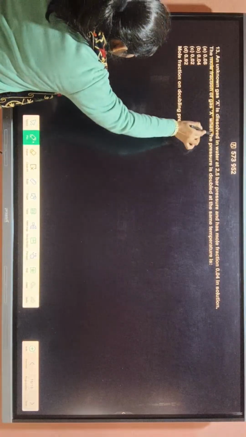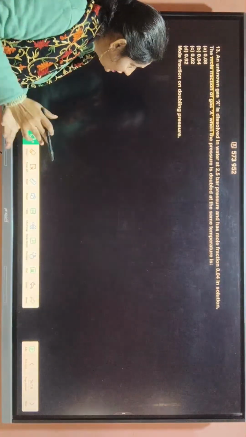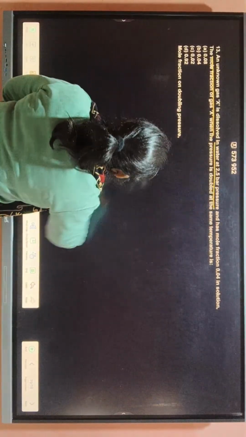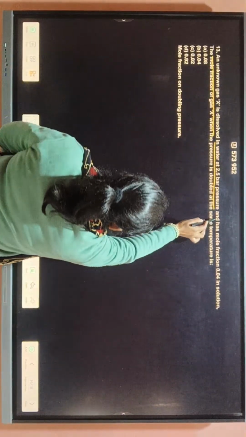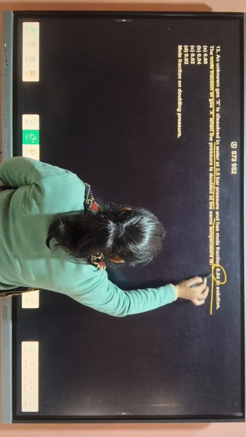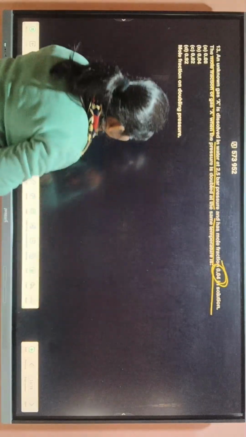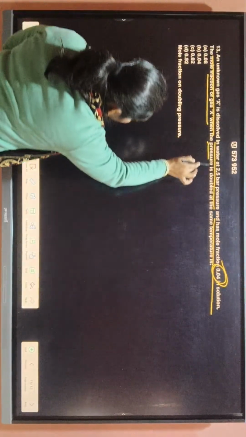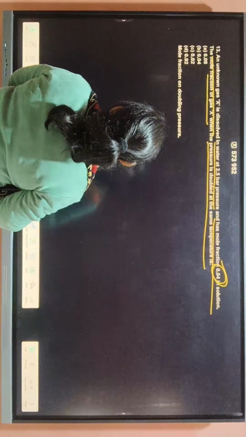Our next question is question number 13. An unknown gas X is dissolved at 2.5 bar pressure and has mole fraction 0.04 in solution. What is the mole fraction of gas X when the pressure is doubled?